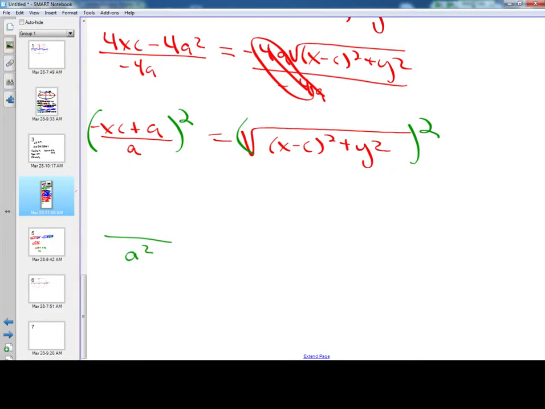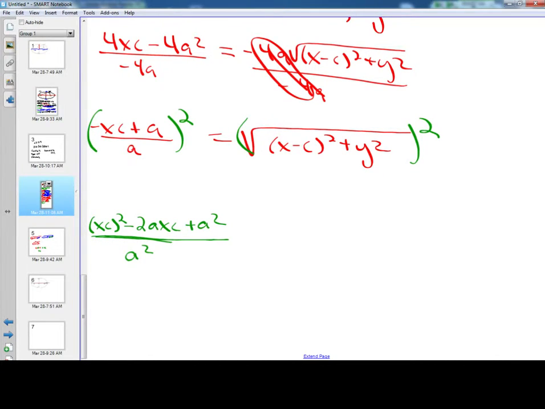So negative xc times negative xc is going to give me the quantity xc squared minus 2a xc plus a squared. I think I got that right.